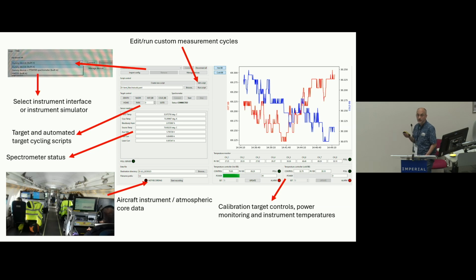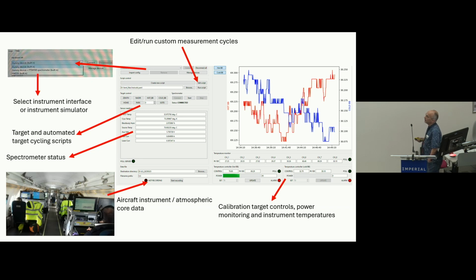It allows us to do a lot of testing without the physical presence of some of the instruments, which is a really useful system to have. The other thing that they're helping us with, James Turner has been looking at the aircraft ancillary information.